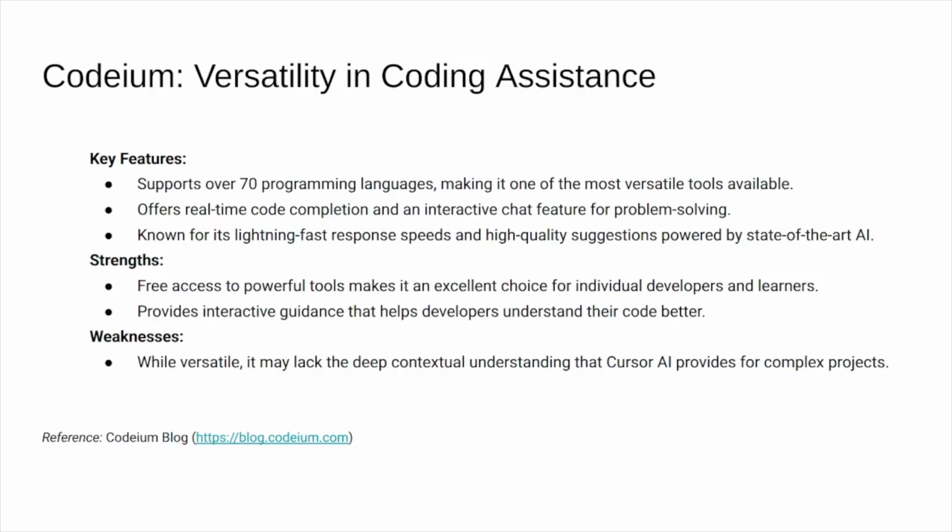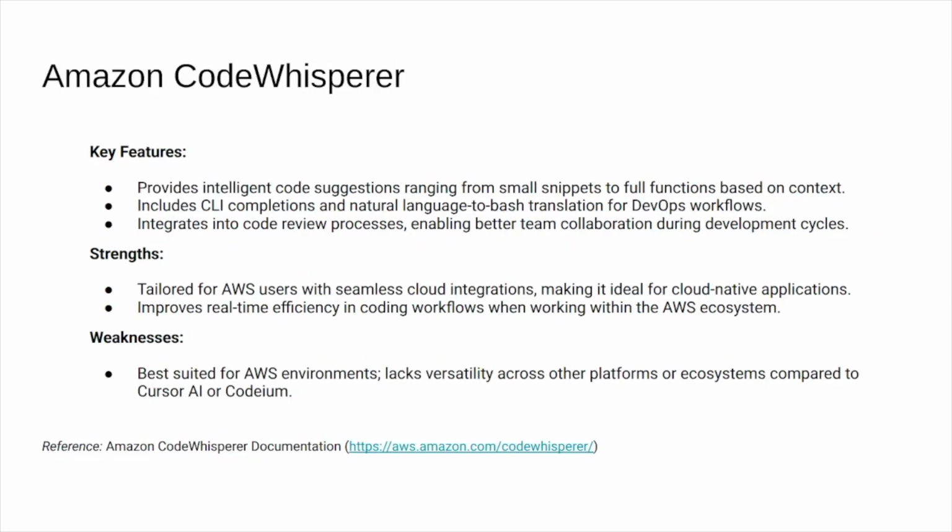to Cursor AI. Talking about Amazon CodeWhisperer, the key features are it provides intelligent code suggestions. It includes CLI completions, which are very helpful in DevOps workflows because it provides natural language to bash translation. It integrates into the code review process, which helps while collaborating with other team members during the development cycles.